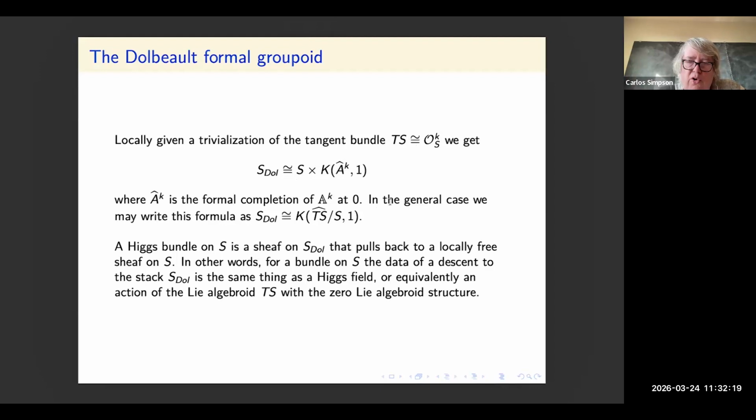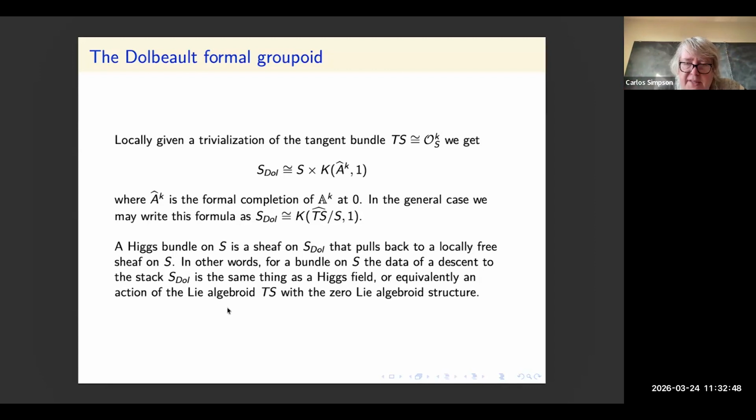That's a local picture, but what it means in general is that we take the tangent bundle of S over S, and we formally complete along the diagonal, and then take the Eilenberg-MacLane stack of that thing. So this is no longer a sheaf, this is now a stack. The de Rham stack was actually a sheaf, although we maybe defined it as a stack. We defined it as a formal category, but it's actually just a sheaf. But now the Dolbeault thing, it really is a one stack.